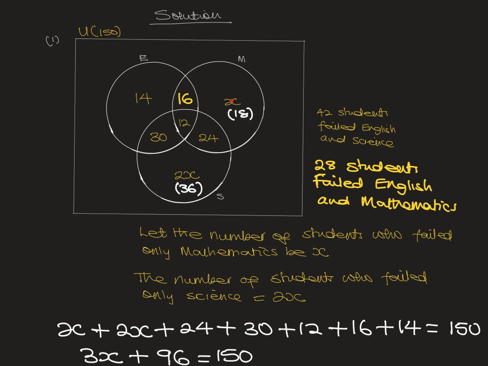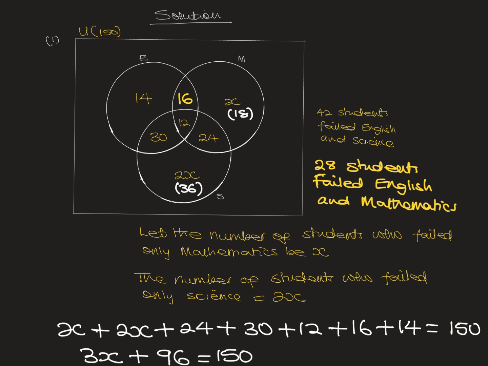Okay, so this is the number of students who fail only mathematics. But as you can see, these students here, 24 students, failed mathematics and science. So actually they have failed mathematics. 12 students failed English, mathematics, and science. So which means they have failed mathematics. 16 students failed English and mathematics only. So it means they have also failed mathematics. So this circle here will be the total number of students who failed mathematics.